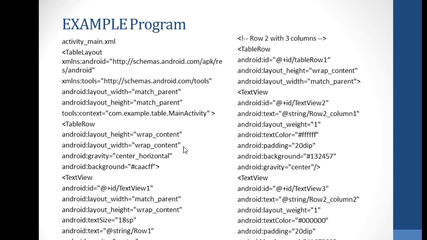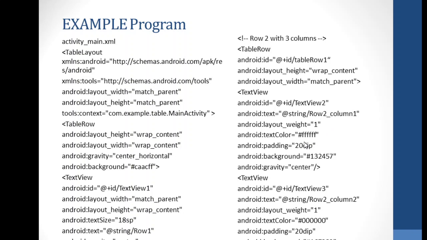First, I have given android:layout_width equal to match_parent and height equal to wrap_content, because it's a text view, so the height of the text view should be wrap_content. Next, I have given the center gravity. The text should be in the center, and the text color would be this.